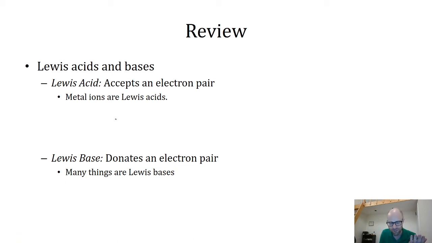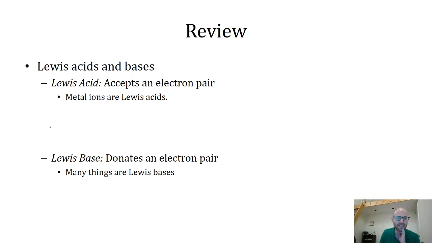Of course, we have our Arrhenius and Bronsted-Lowry definitions, which focus on hydronium, hydroxide, and transferring protons. But in a much wider sense, the acid-base reaction can be shown through electron pairs.